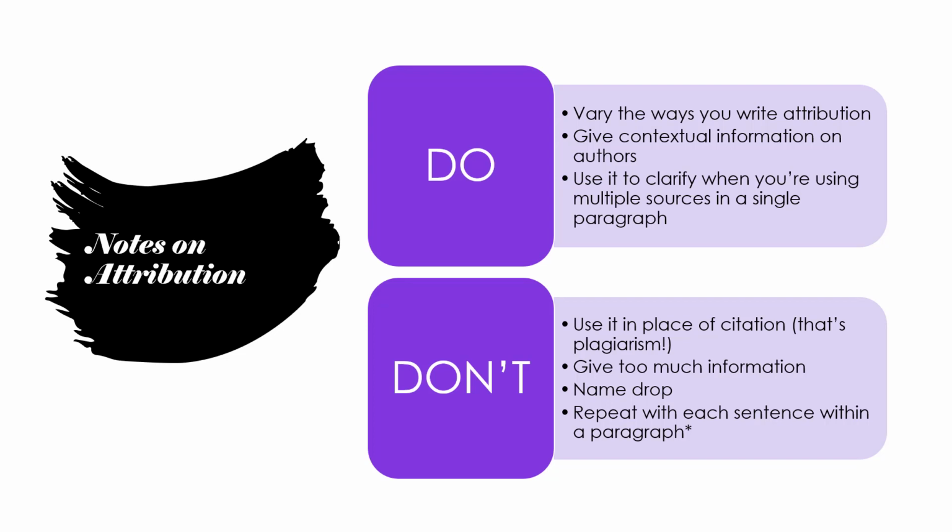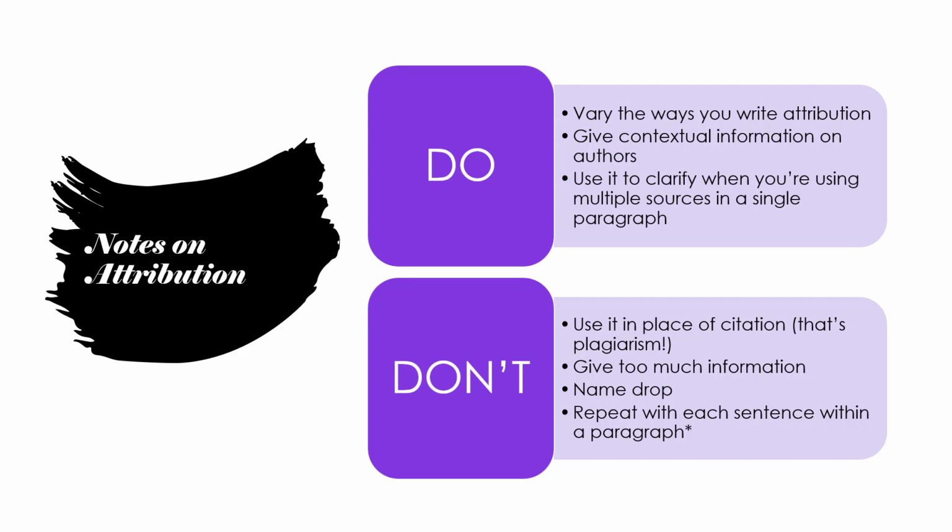That kind of contextual information is really helpful for establishing credibility. You do want to also use attribution when you're using multiple sources in a single paragraph, because it can often help us transition between what you're saying and what new information is coming out from a source.